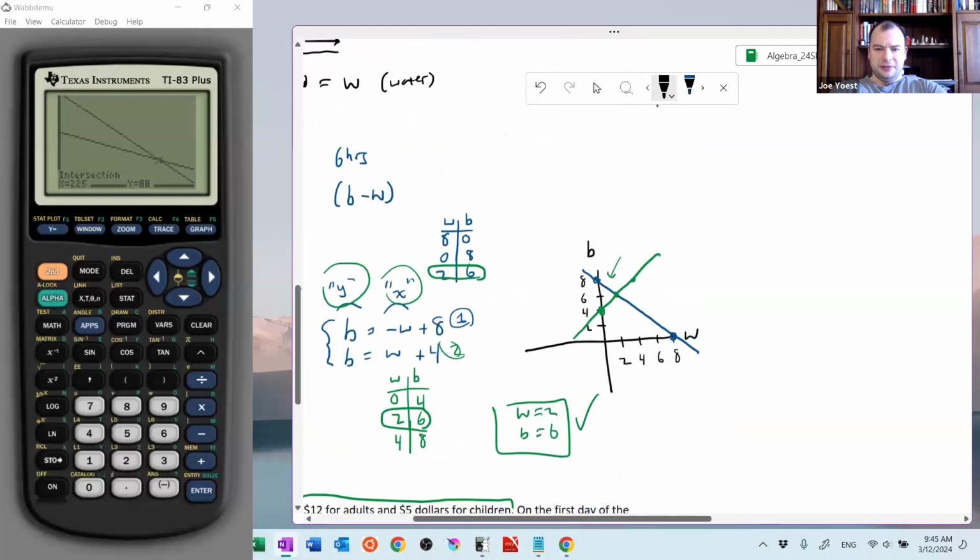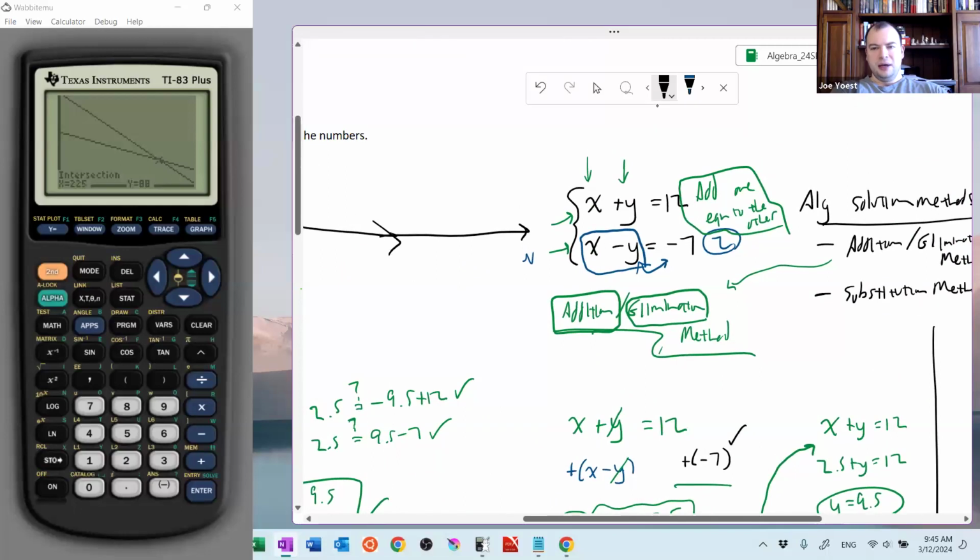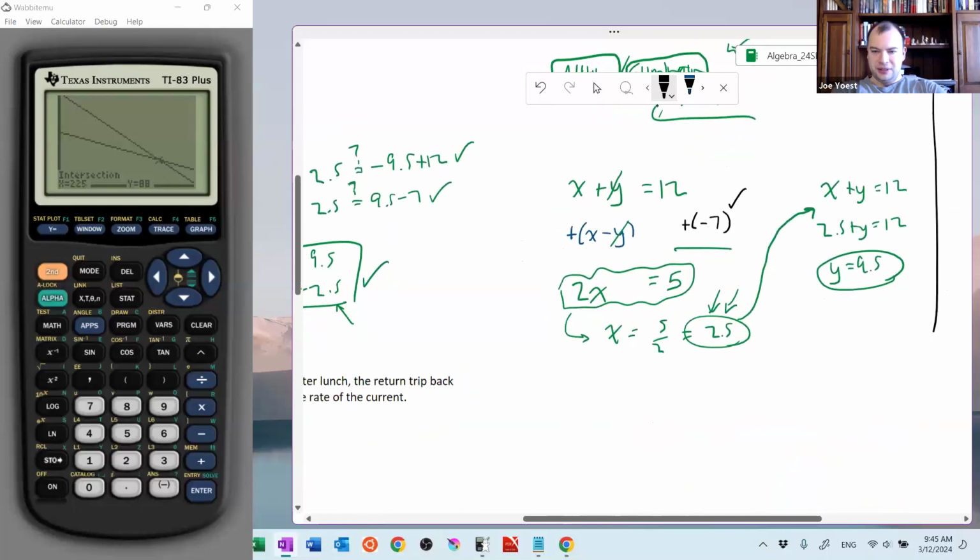Now, up above, when I used that method, my equations were set up super nicely so that just by adding the 2 equations together, I immediately got a cancellation.